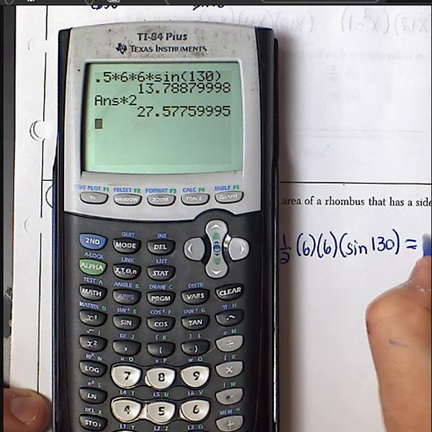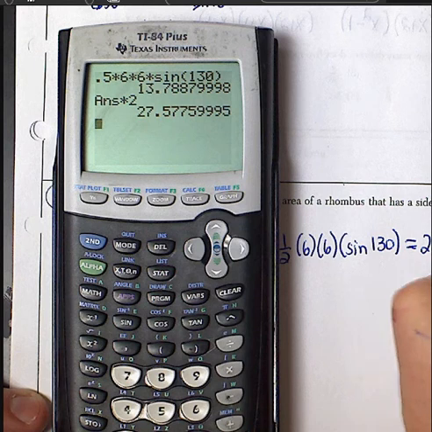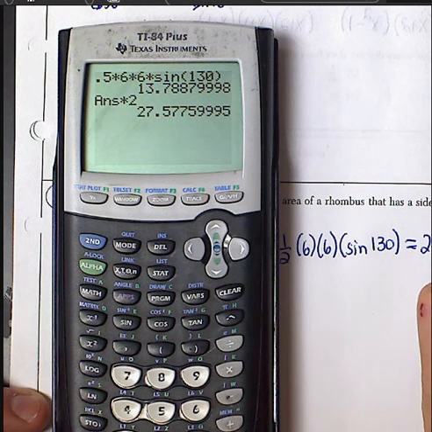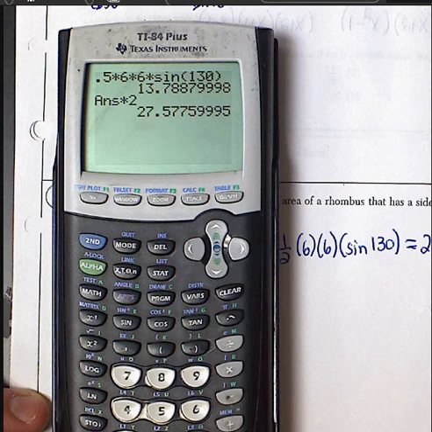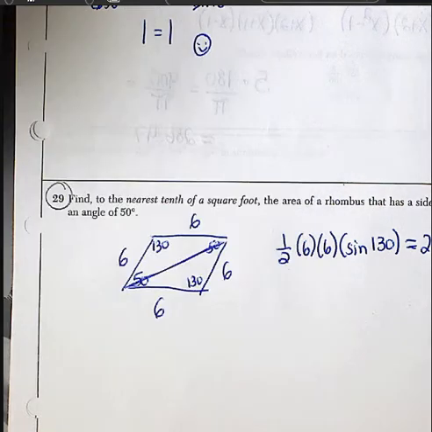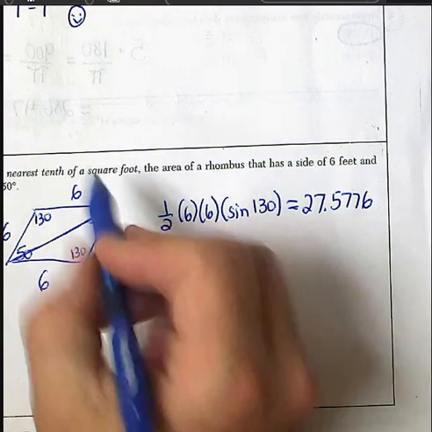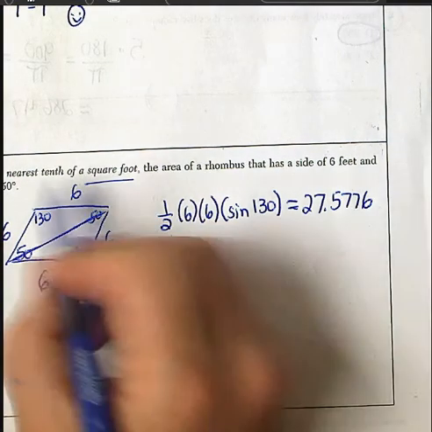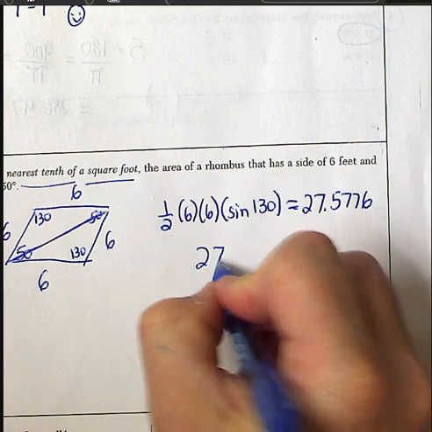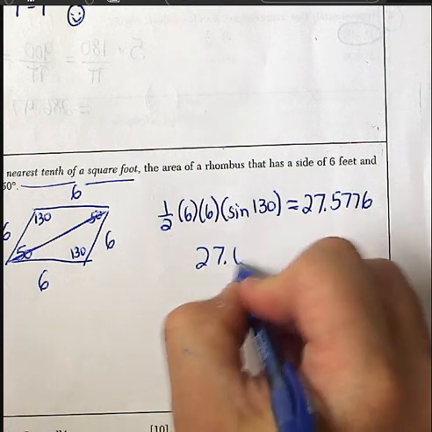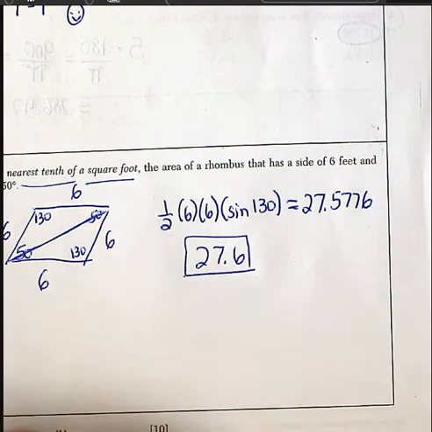So we get approximately 27.577. And the question says find to the nearest tenth of a square foot. So we get 27 point, nearest tenth will be 6. All right.